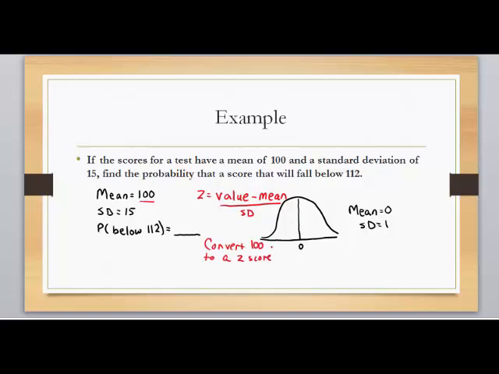And so I'm going to use my formula. In place of the value part of the formula, I'm going to put 100 because that is the number that I'm trying to convert. Now, the 100 is the number that I'm converting to a z-score, but it's also the mean, so it plays a double role here. So in place of the mean, I'm also going to put 100.